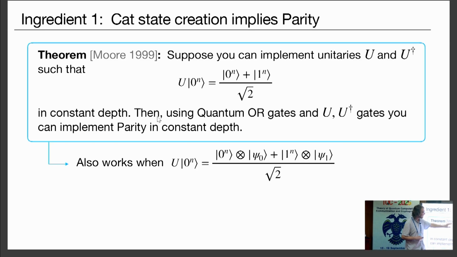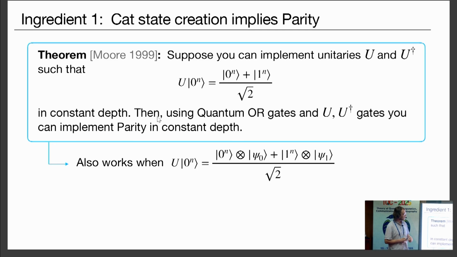But this is very strict, and it turns out that you can loosen the type of state that you need to prepare in order to still be able to compute parity in this way. What I mean is that it actually suffices to prepare a state that only looks like a cat state on the first n qubits. So here you see we have this psi 0 and psi 1 hanging off the end of our cat state, where these are some arbitrary states.